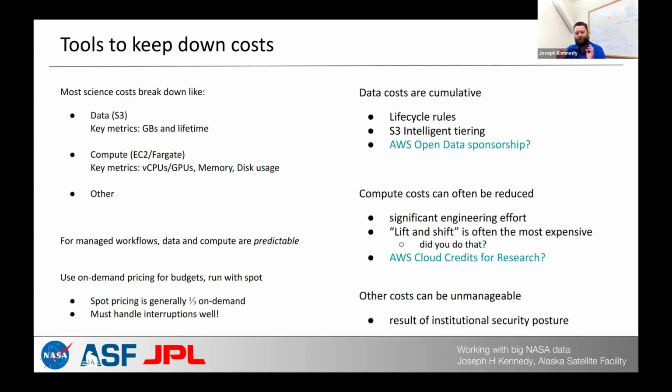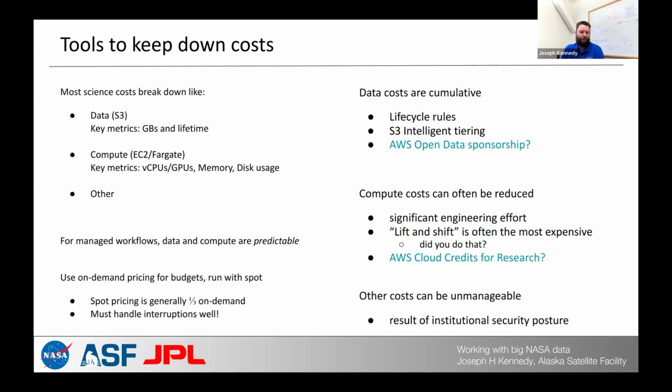Or I want to use the fast SSDs on these instance types, but I use too much disk and it doesn't fit there. So I either need to mount a volume, which I have to pay for, or I have to figure out how to reduce disk usage in my workflow. So looking at and tracking those is how you can benefit from reduced compute costs, but sometimes those are significant engineering efforts.